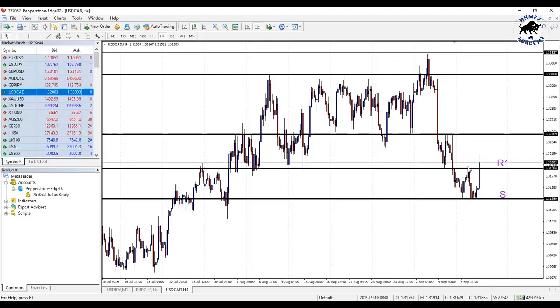Because the next part is how you can use this support and resistance to set your targets, take profit and stop loss, and how you can find your entry in the market just using support and resistance. Remember, we have people in the world trading just by using support and resistance, and they are making profit in the market.